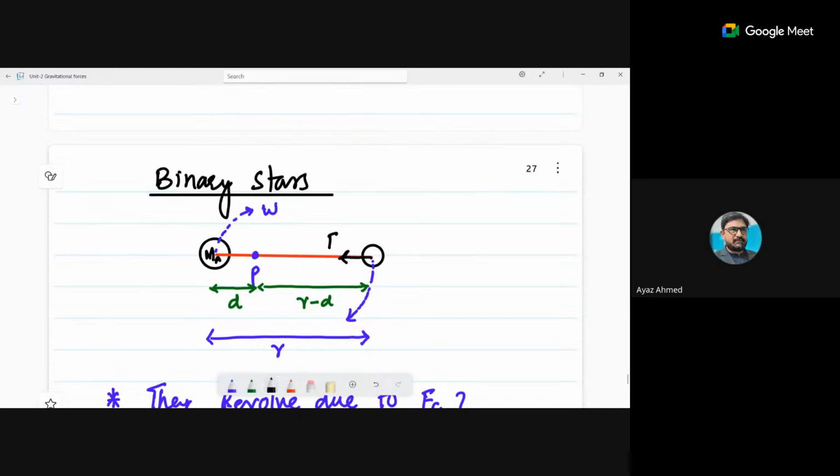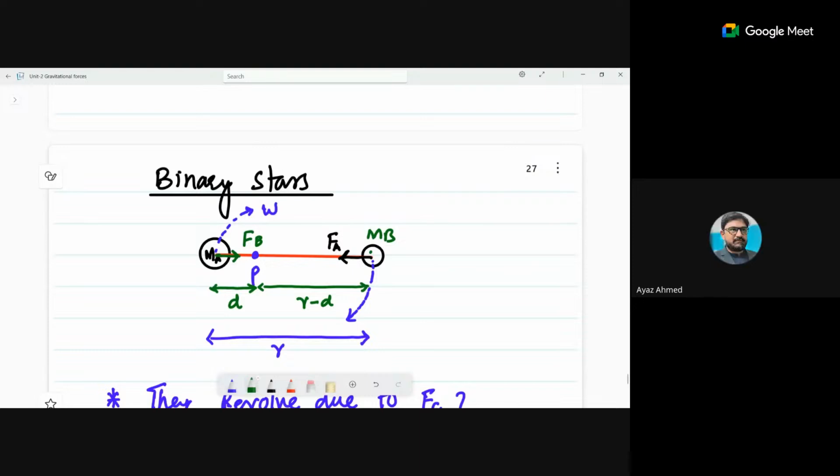This force is the force of A on B. Then this is B, let me call it MB, and this is attracting that one by a force of B on A. So both forces are towards a common center, and that's why we can say that these forces are creating a centripetal force. Both forces are creating a centripetal force. Is it clear?